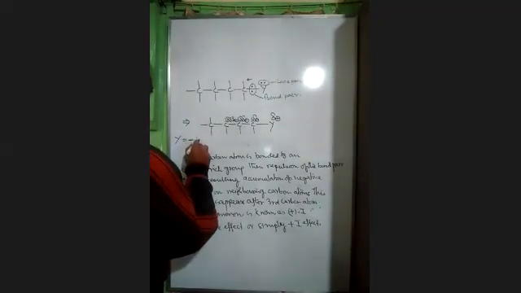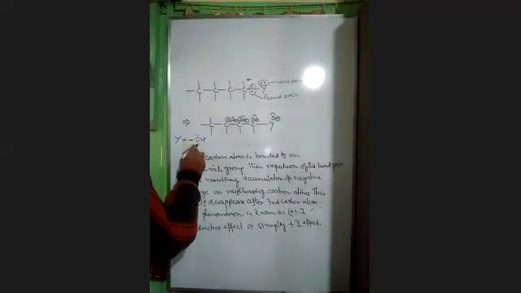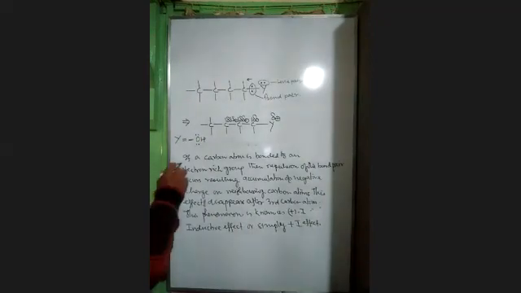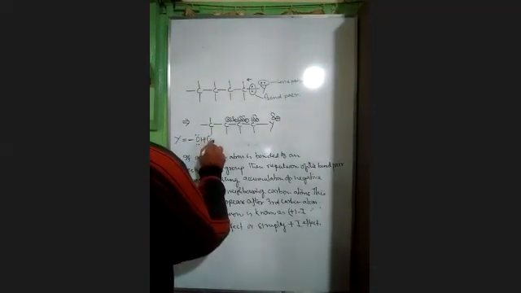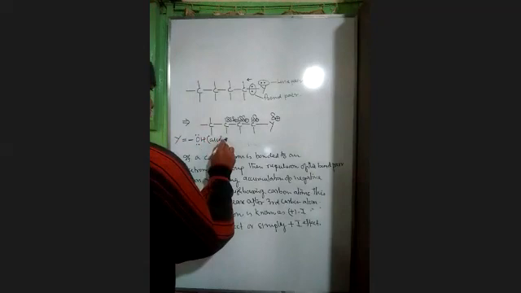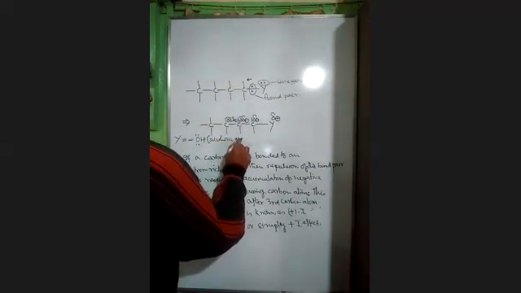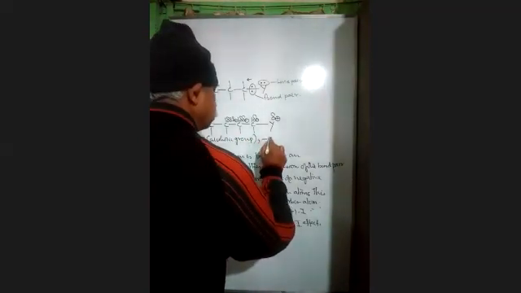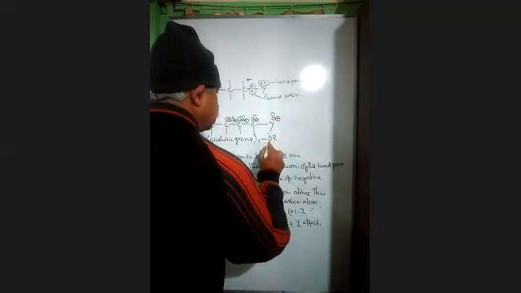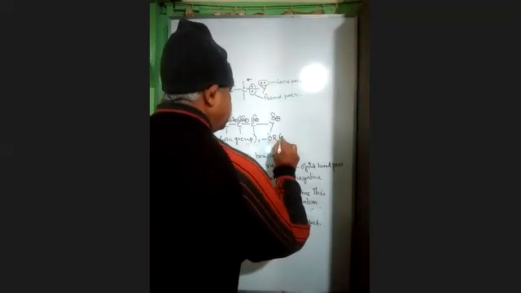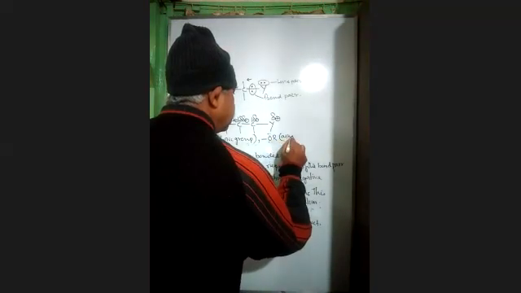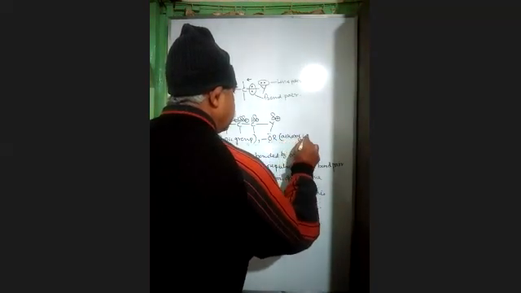Here. See. What is this? This is alcoholic group, na? Okay. Now, what is this? This is called alkoxy, or we call it ether.